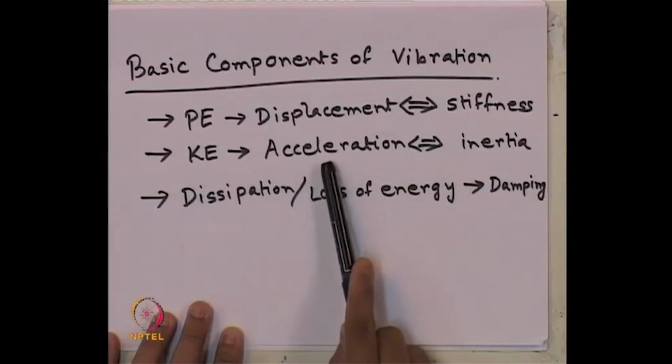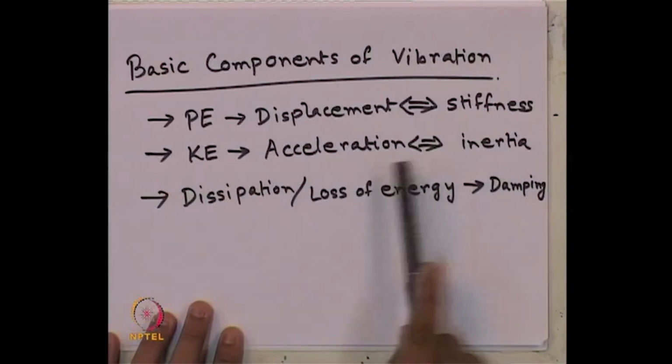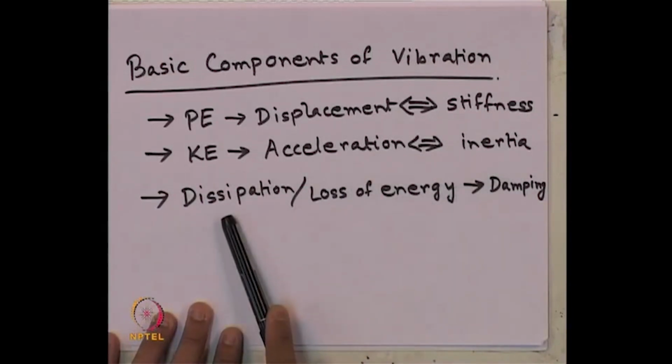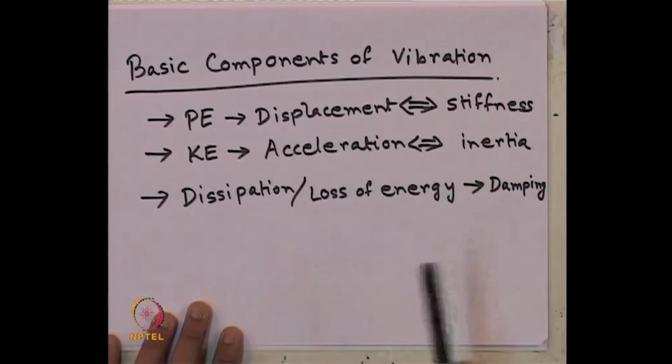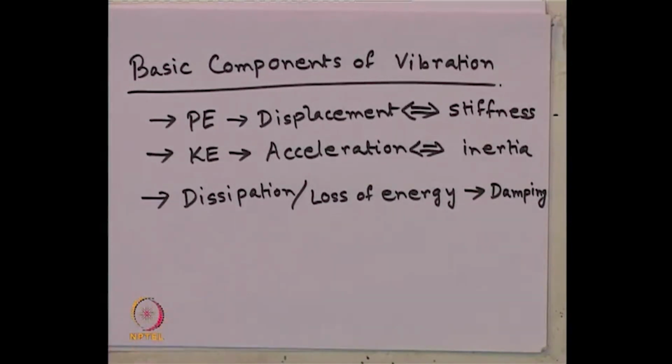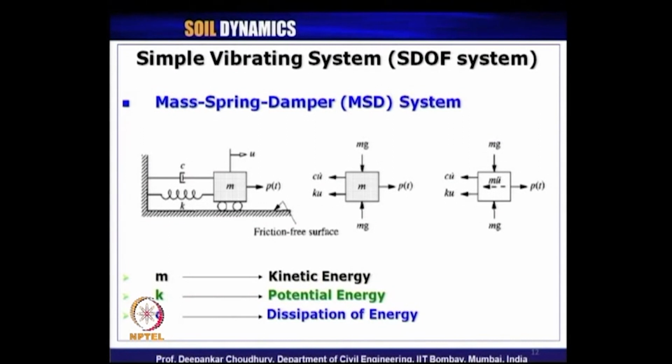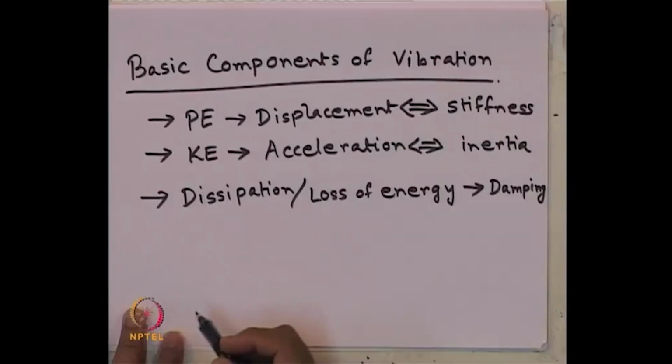Then kinetic energy, in which acceleration and inertia are related, and then dissipation or loss of energy, where damping is involved. So, if we take any simple vibrating system, what are the basic units for it? A single degree of freedom system.